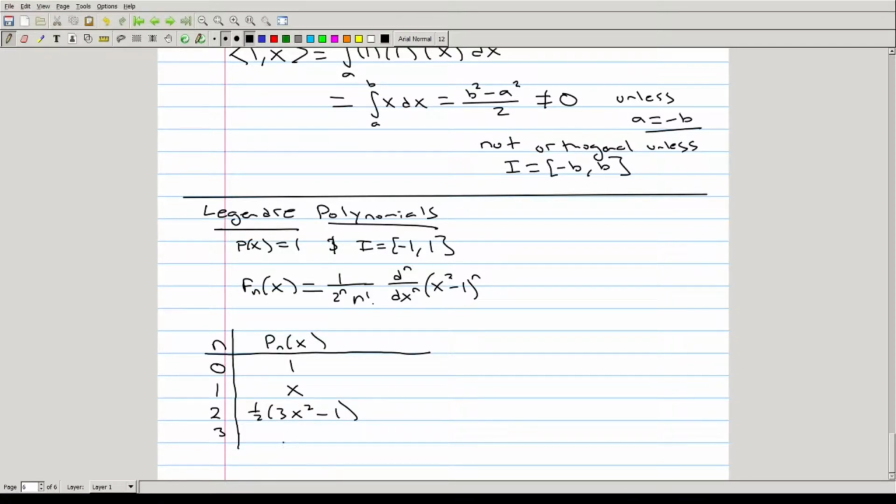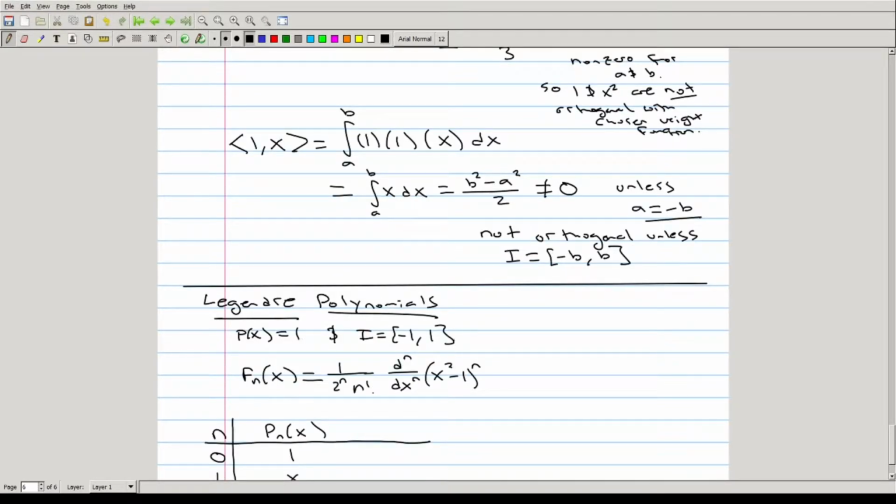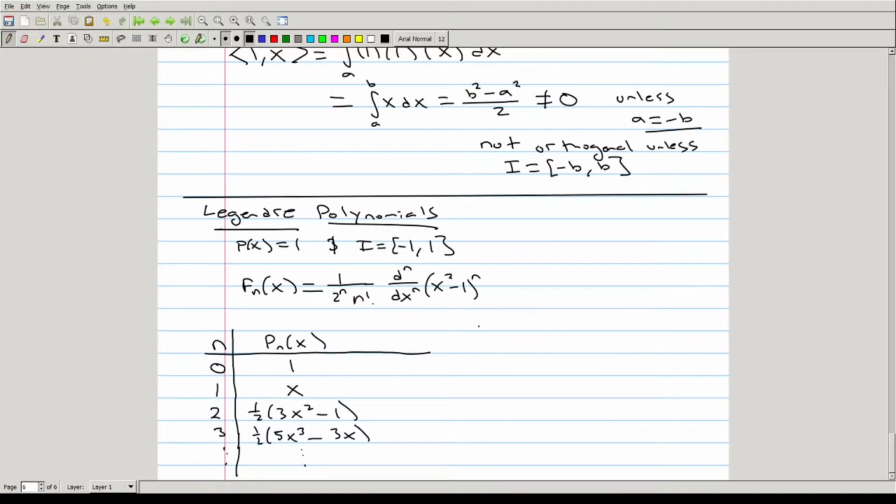For n equals 3, you get the polynomial 1/2 (5x cubed minus 3x), and so on and so forth. You can define infinitely many Legendre polynomials, and these all will be orthogonal to one another if you use the inner product with a weight function 1 on the interval from -1 to 1.